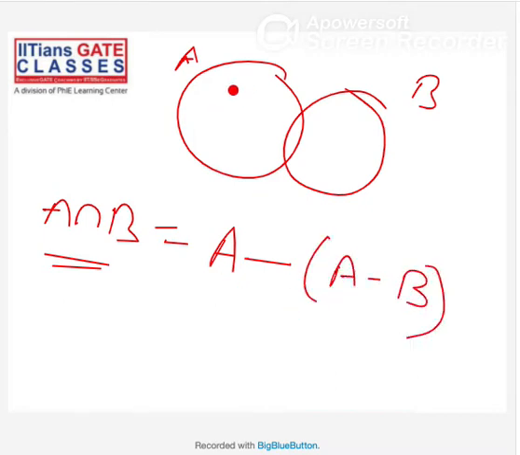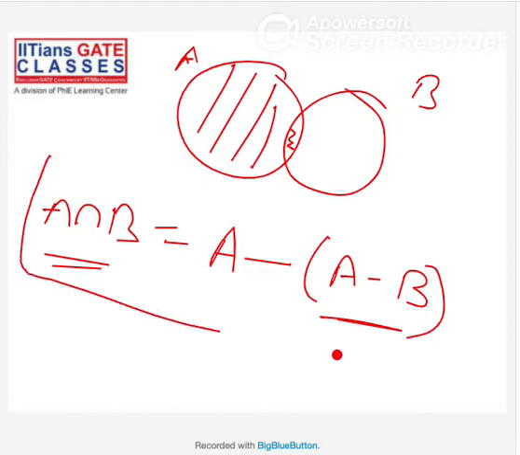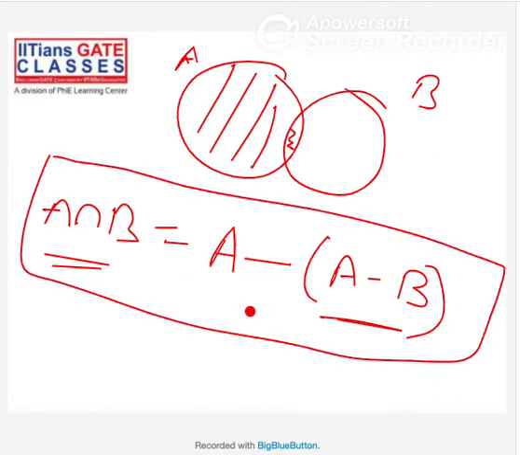Because see, what is A minus B? This is A minus B. That is this area. So you can see A intersection B can be expressed using set difference. Now we have already proven that the set of CFL are not closed under intersection operation. So we can also say that set of CFL languages are not closed under set difference.